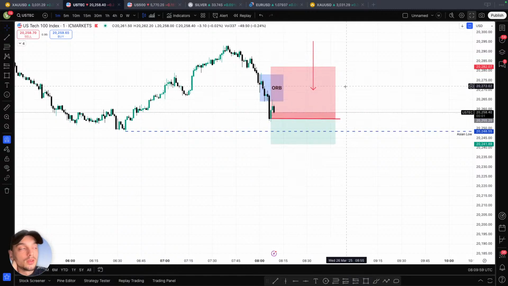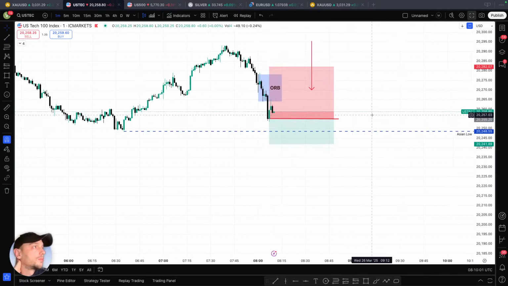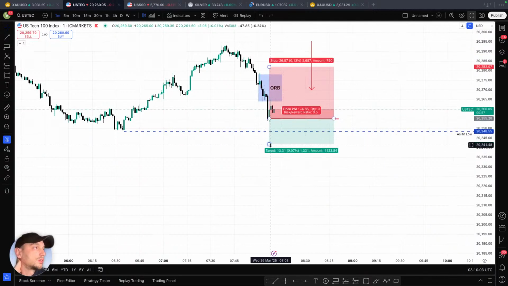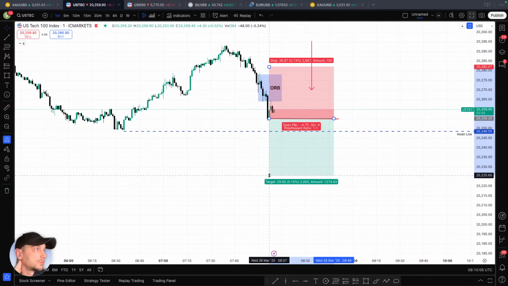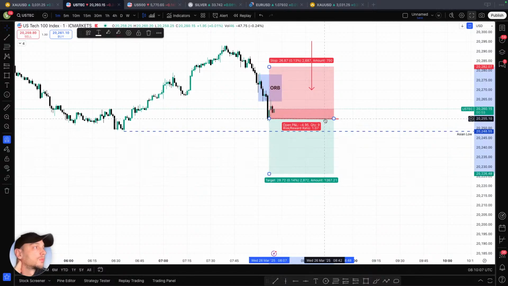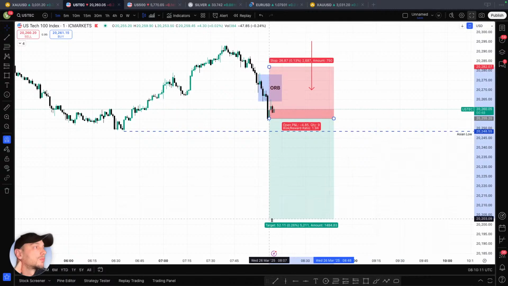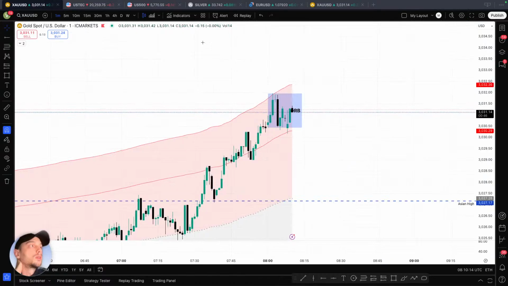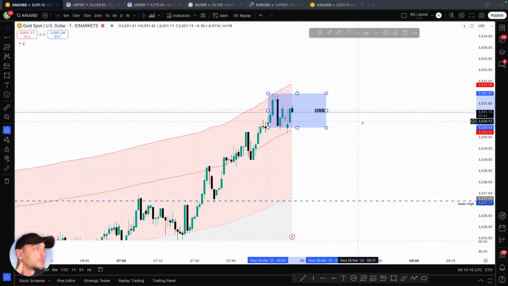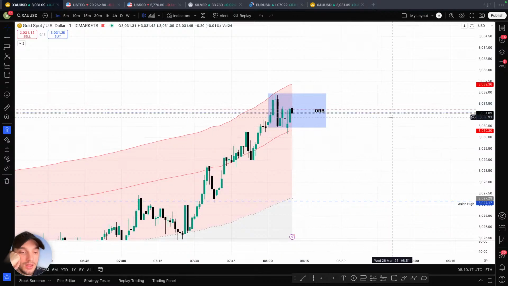If we don't move it to break even, it goes all the way to the other side.